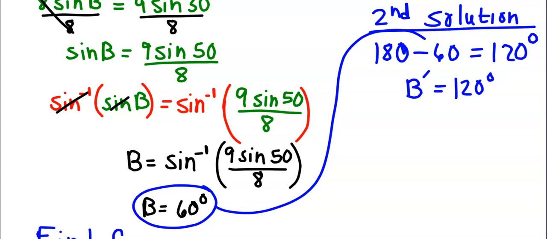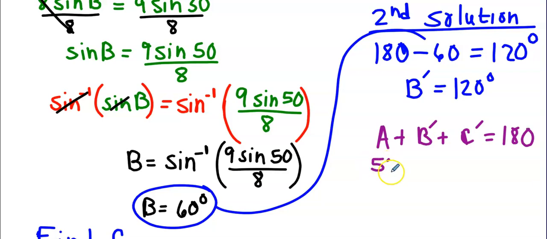So with this part here, to find our angle C, we're going to do A plus B plus C equals 180. We know our first one, angle A, is 50.